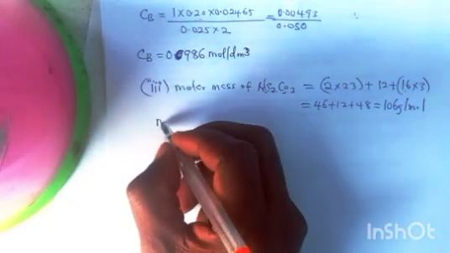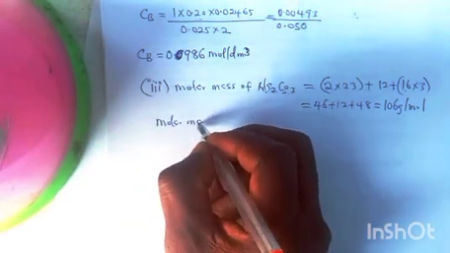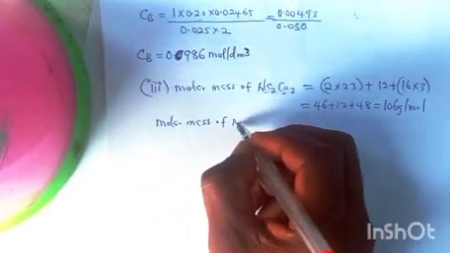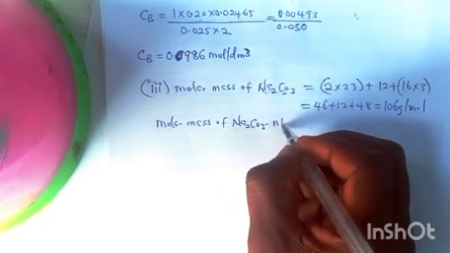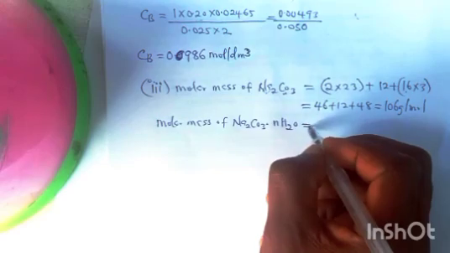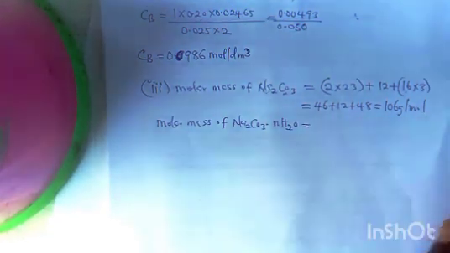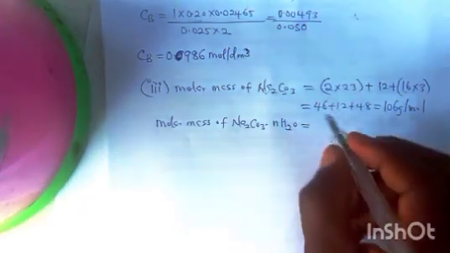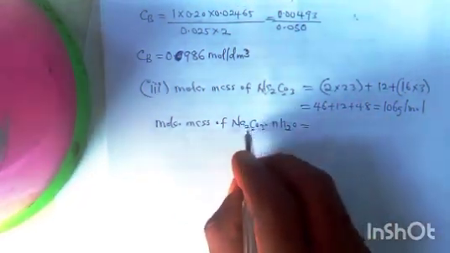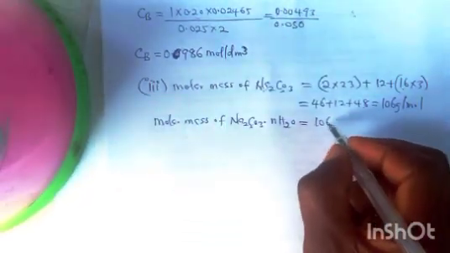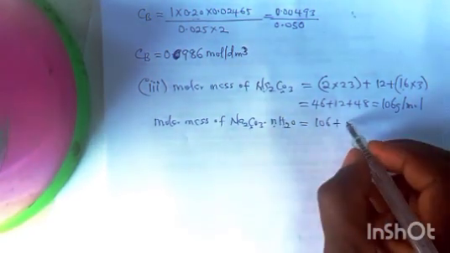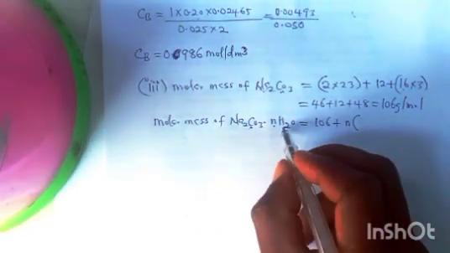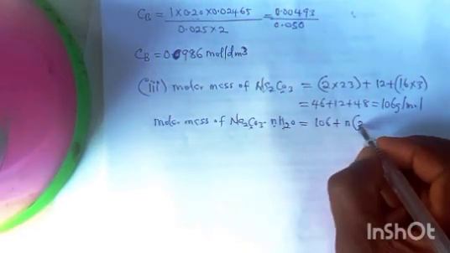Therefore the molar mass of sodium carbonate and of water is equal to... Now you have to apply this principle. By applying this, this one gave us this value, so we'll now put 0.6 plus. Now we check here, n bracket hydrogen is 2, isn't it? So it becomes 2 times hydrogen.